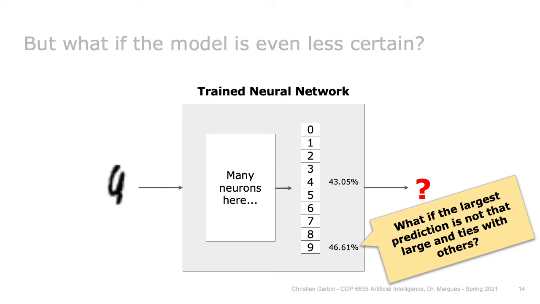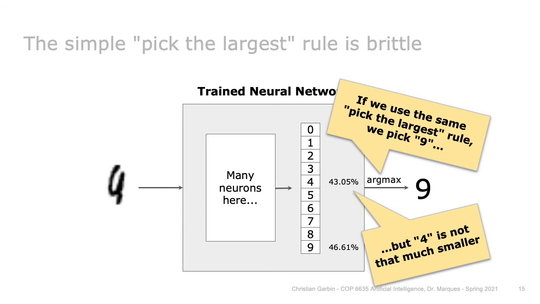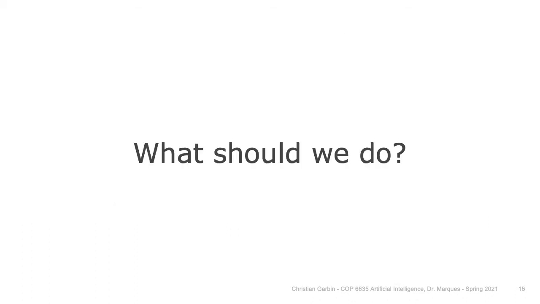For example, here the largest prediction is for a number 9, but the number 4 is also pretty close. So if we use the previous rule and pick the largest prediction, the model is going to say this is a number 9, but the number 4 is very close to number 9.